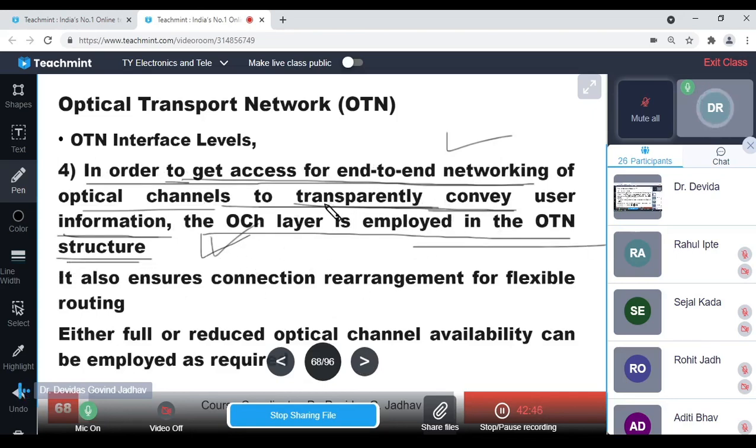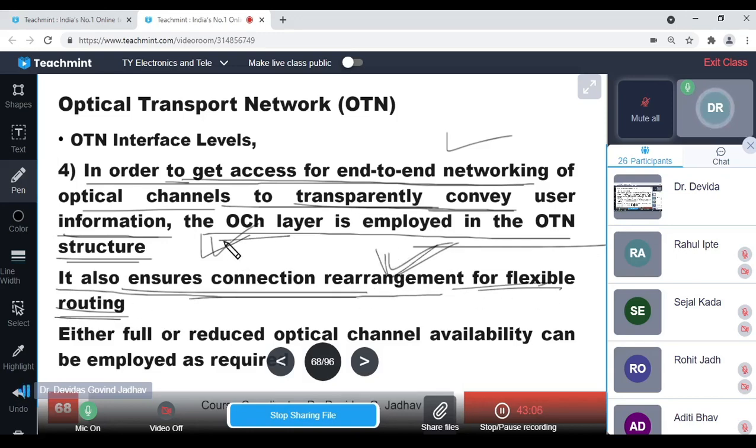To have transparent end-to-end networking, to modify and maintain the paths, that is routing. It also ensures connection rearrangement, that is flexible routing.